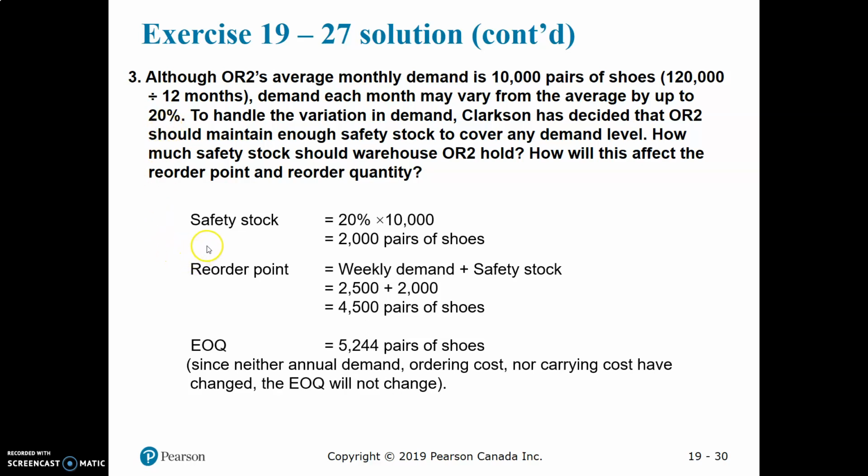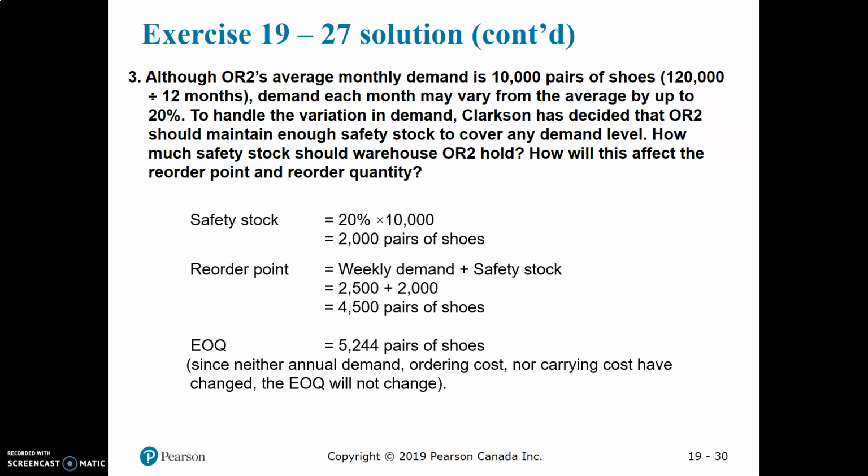So for this particular question, safety stock is equal to 20% times the monthly demand of 10,000 pairs of shoes, which is equal to 2,000 pairs of shoes. The reorder point has to take into consideration the safety stock that we calculated above.